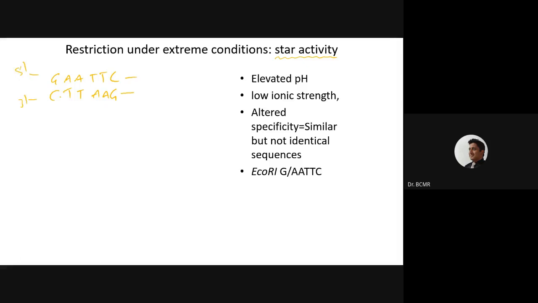If 5 prime and 3 prime are not mentioned, the top strand from left to right is taken as 5 prime to 3 prime, and the bottom is the complementary and anti-parallel strand. So GAATTC is what EcoR1 recognizes. But because of some conditions, especially when you are working in vitro, there may be a sequence like this.